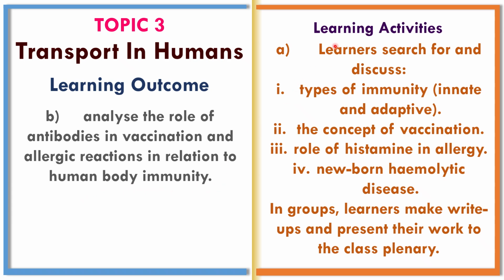We have been looking at learning activity A. Learners search for and discuss types of immunity, innate and adaptive, the concept of vaccination, role of histamine in allergy, newborn hemolytic disease, and in groups, learners make write-ups and present their work to the class plenary.